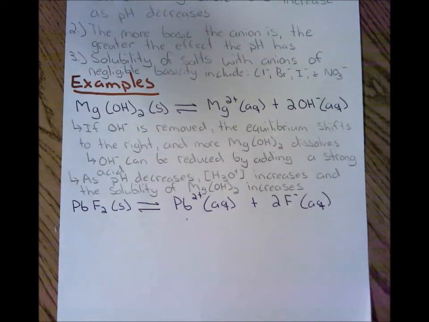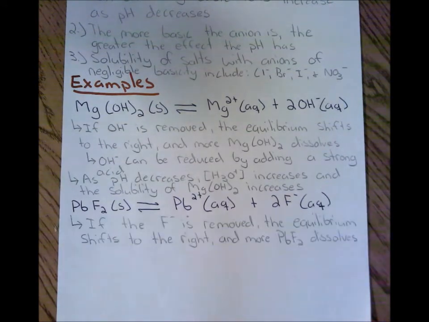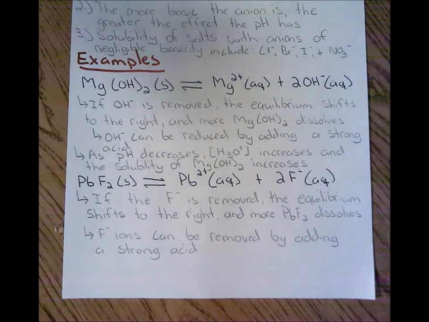So again, these fluoride ions can be removed by adding a strong acid. So we get to this, probably the most important statement here: as pH decreases, the hydronium ion concentration increases, and the solubility of lead II fluoride increases.